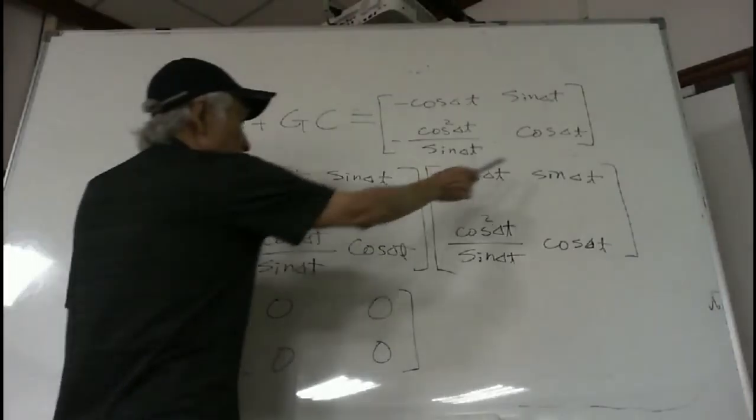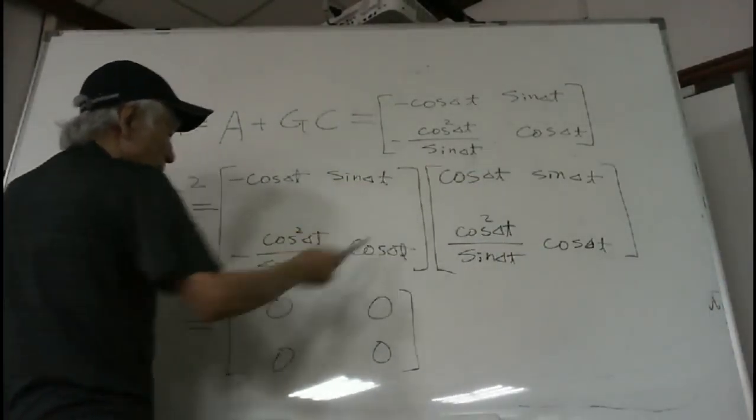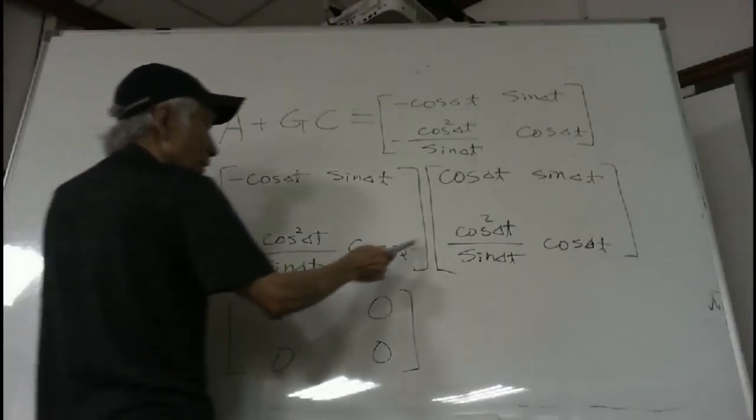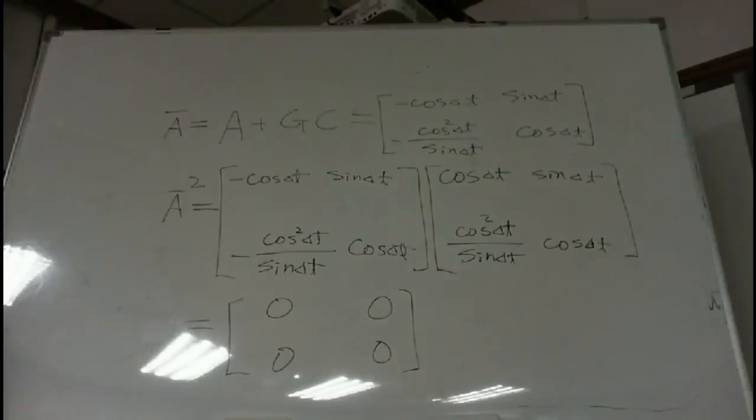Multiply this one by that one, it is 0. Multiply this one by that one, it is 0. Multiply this one by that one, it is 0. Right?